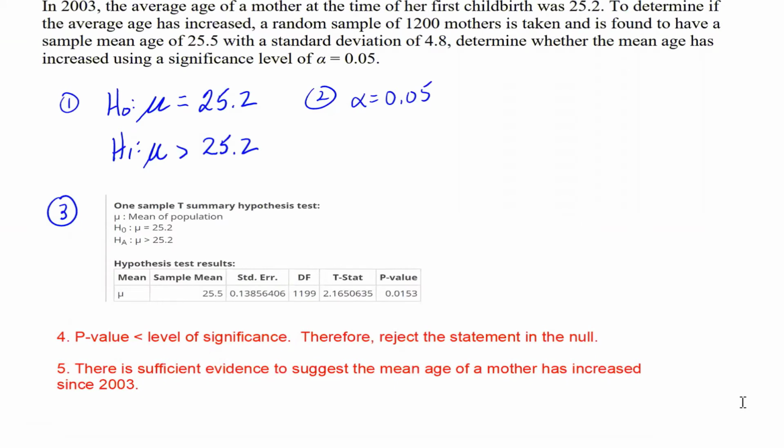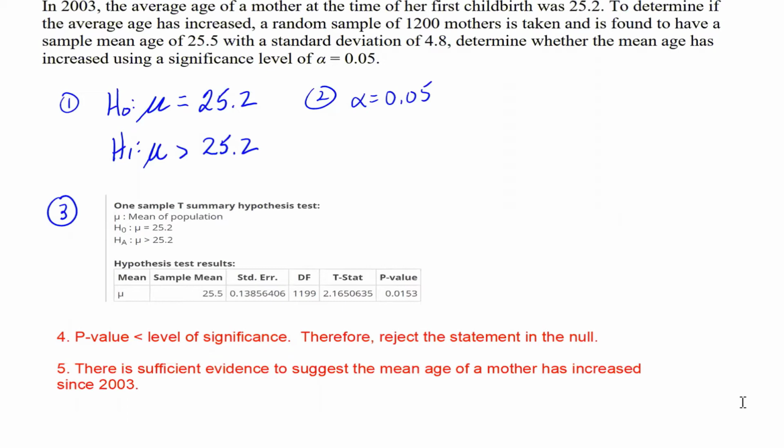However, ask yourself, is 0.3 years, and to give you a sense of this, 0.3 years is 3.6 months. Do you think a mother waiting 3.6 months before having their first childbirth is really that big of a deal? 3.6 months.